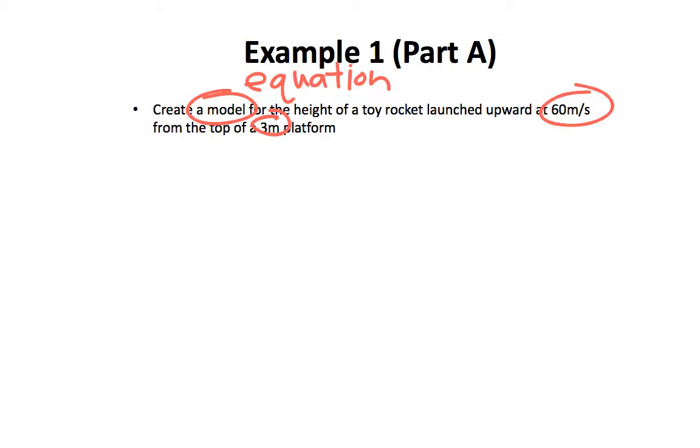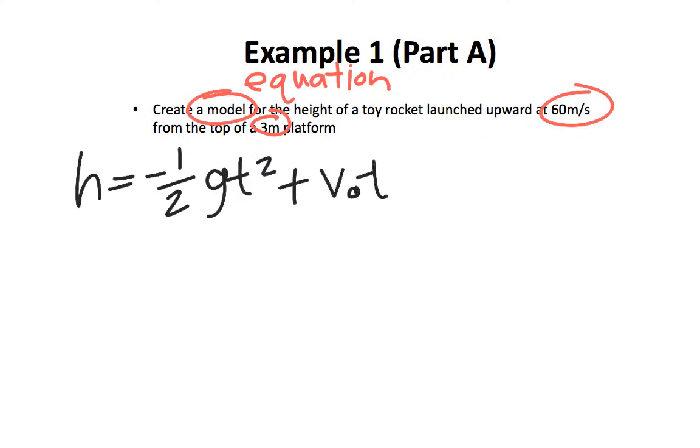Let's begin by rewriting the formula that was given to us in the question, which was h is equal to negative 1/2 gt squared plus v₀t plus h₀.